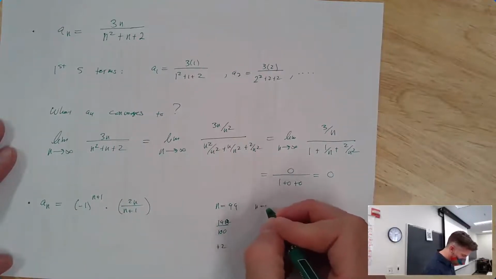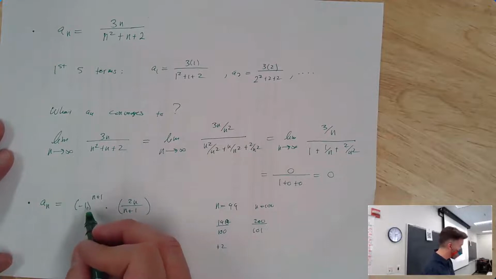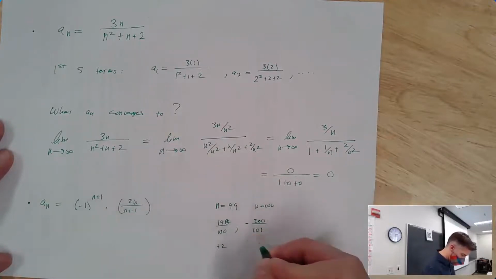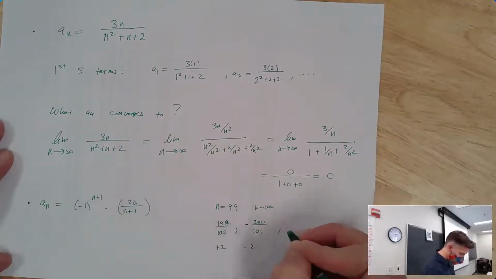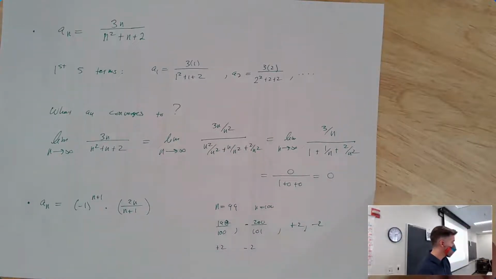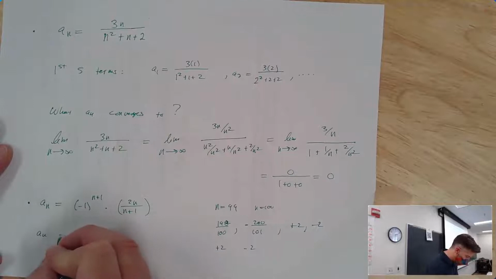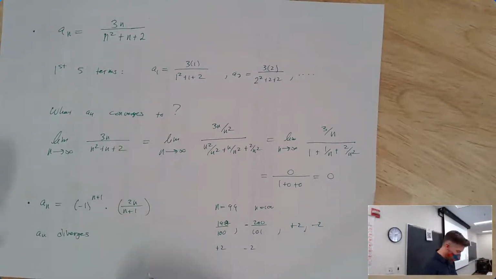But then for n equal to 100, I'd be getting 200 over 101, but it'd be negative, because it'd be -1 to an odd power. So that'd be essentially -2. And so we're essentially going back and forth between +2 and -2, which means we're not getting close to any one value. So in this particular one, we would say this sequence diverges or does not converge.